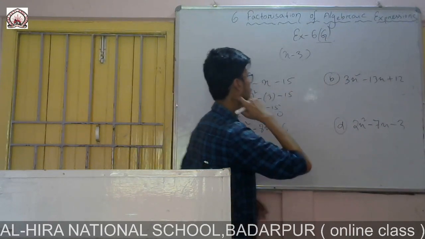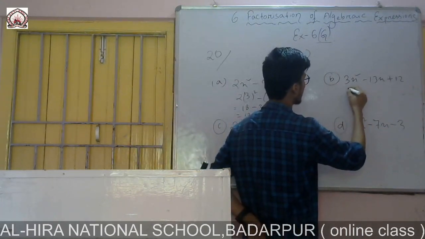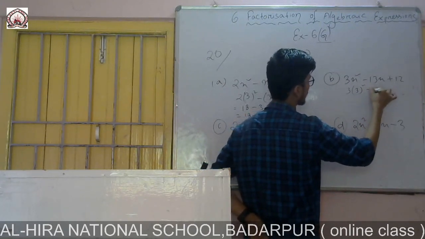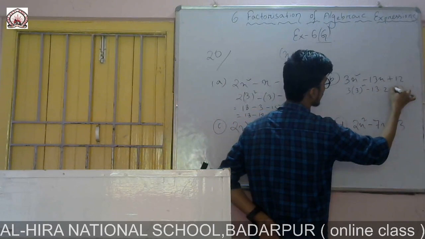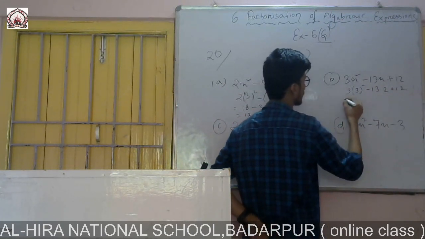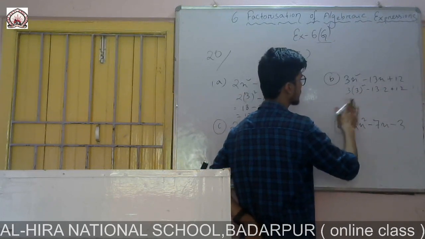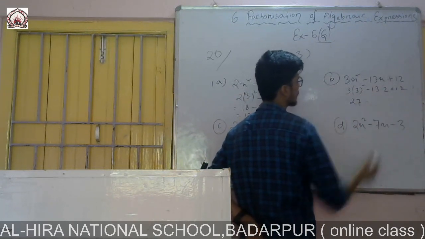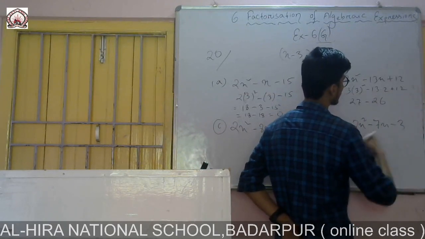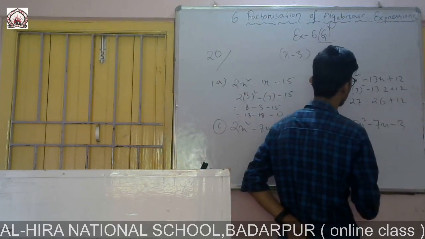Then I will solve option B. If I put here x equal to 3, so 3 into 3 square minus 13 into 3 plus 12. So 3 square is 9, 9 threes are 27, minus 13 threes are 39, and at last it is 12.